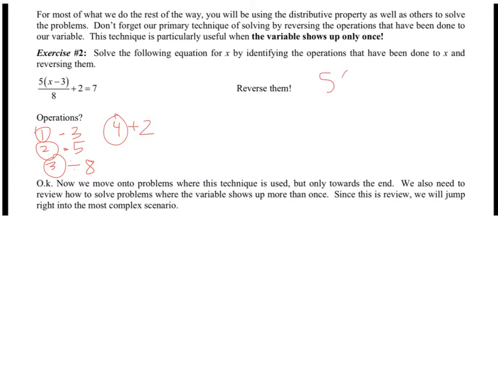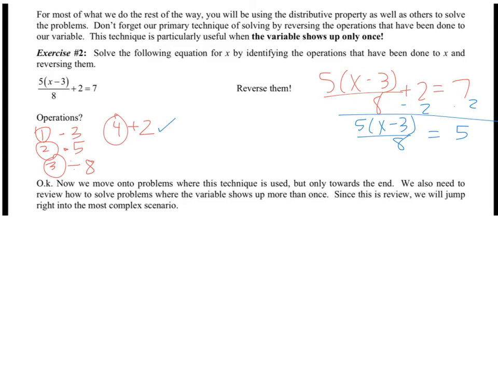So I have 5 times x minus 3 divided by 8 plus 2 equals 7. So we go backwards. Instead of add 2, we're going to subtract 2 from each side. So 5 times x minus 3 over 8 equals 5. Next, instead of divided by 8, we're going to multiply by 8. So we're going to do the opposite.